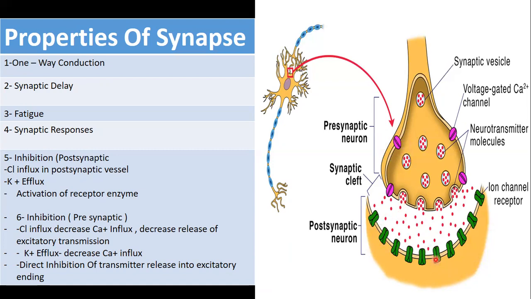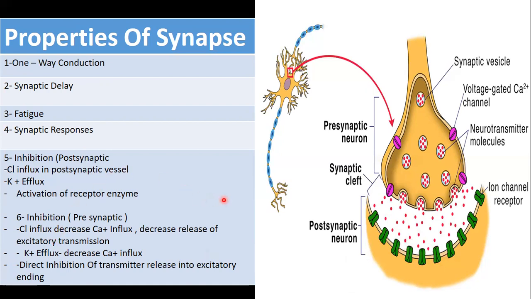We see this in exhaustion, when our muscles are continuously working. At that time we see that there is fatigue in the muscle. That's because the synapse is stimulated so continuously and rapidly that the discharges at the postsynaptic neurons decrease.